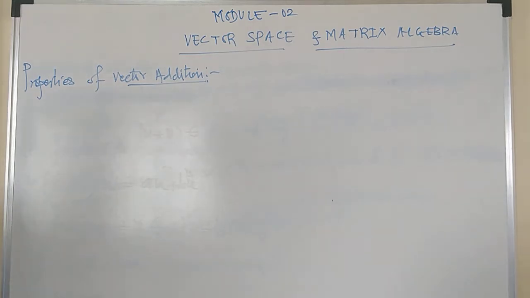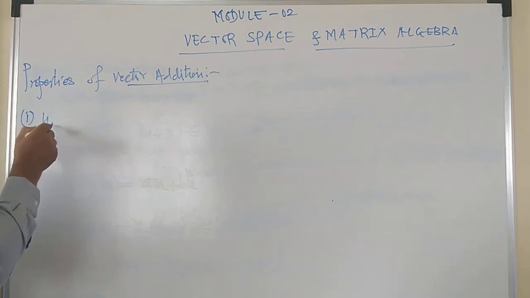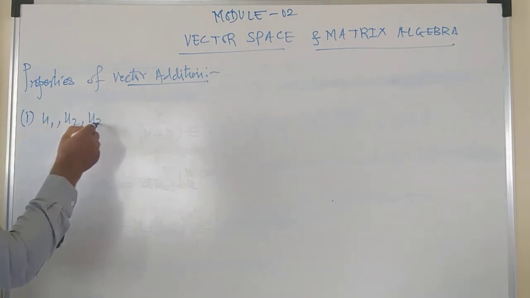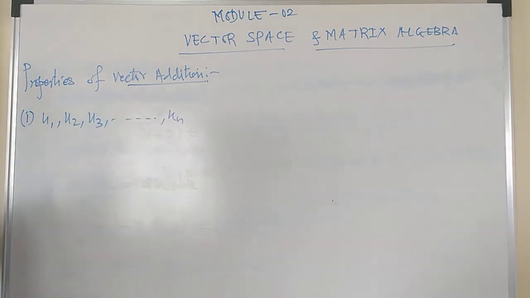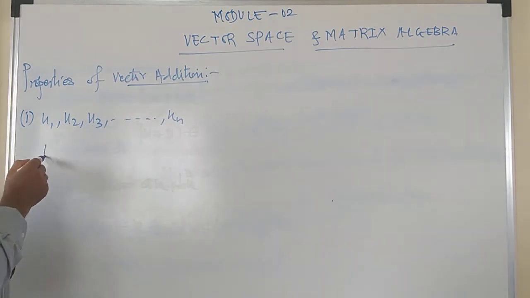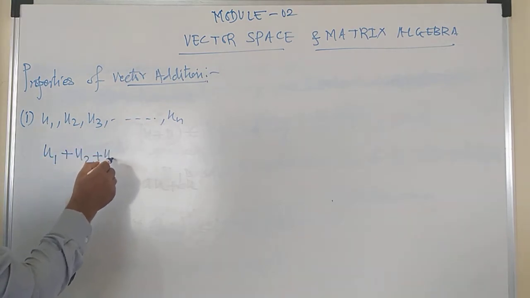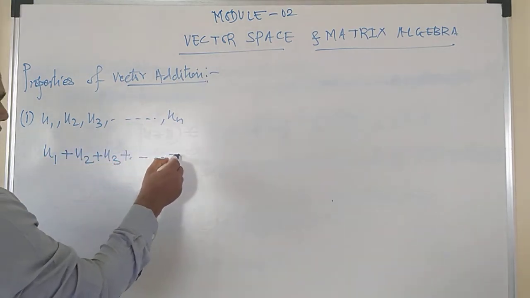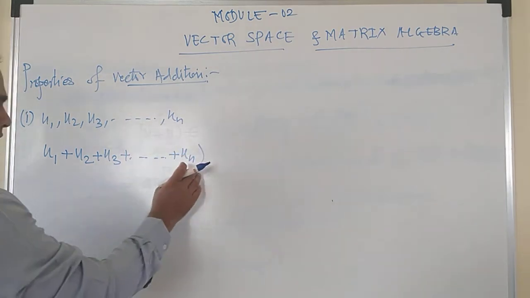So the very first is, let us consider u1, u2, u3, likewise un, various vectors, and the addition of all these vectors is written as u1 plus u2 plus u3 plus dot dot dot up to the last vector un, right?